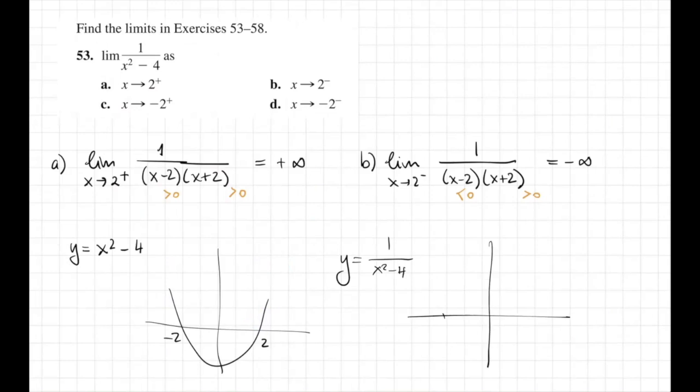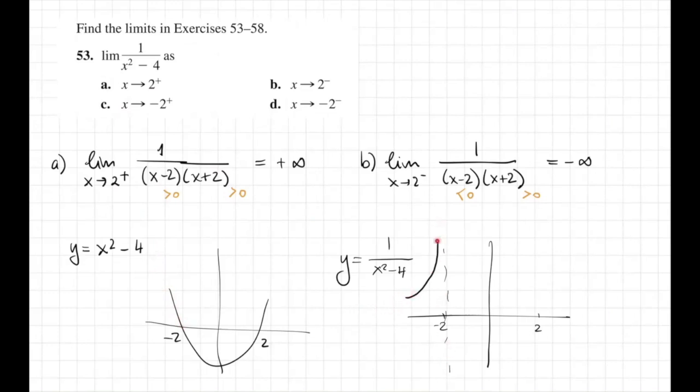Again, at minus 2 and plus 2, we have zeros, so we will have infinities. So here I see we are approaching 0 from the positive side. So here we go to plus infinity. And the graph goes to plus infinity here. So we are going to 0 from the positive side.